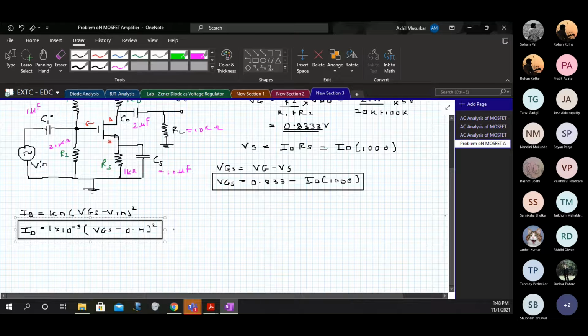So if you call it equation 2 and if you call this 1, then we can put 2 in 1.